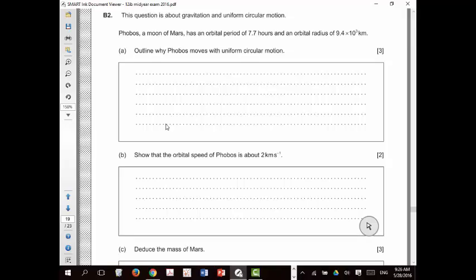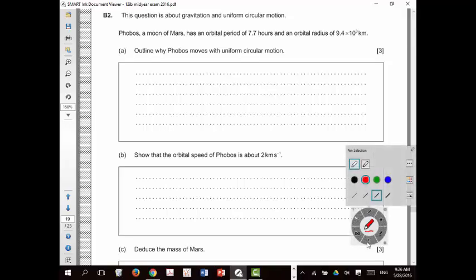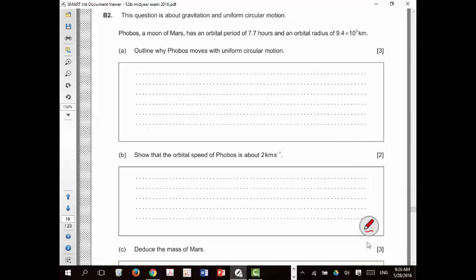Okay, so the first point to make here is that the period is constant, so we can assume that the period is constant. We can assume that the radius is constant.